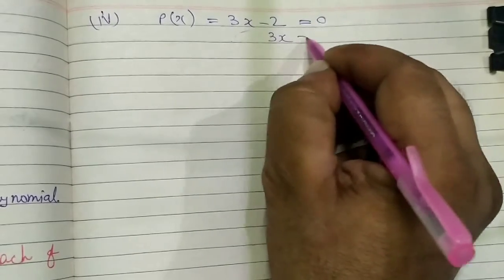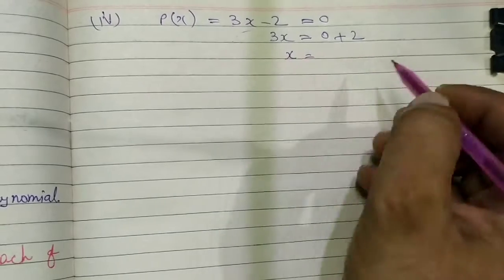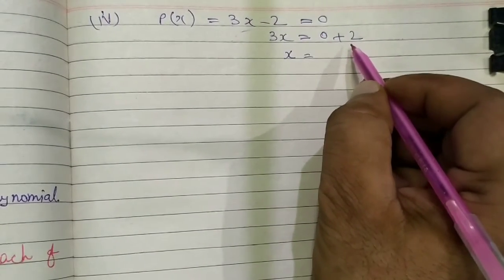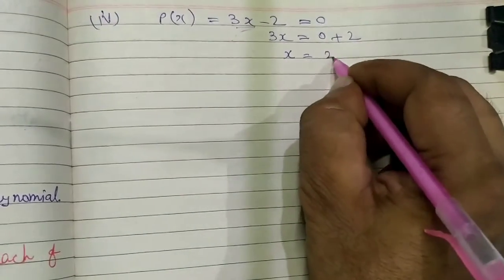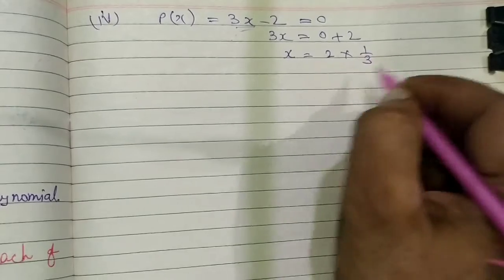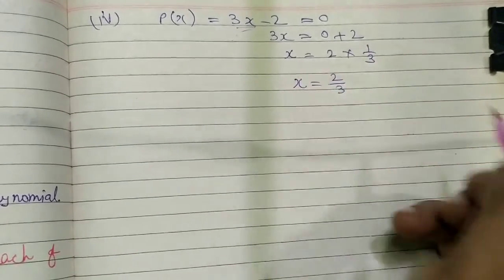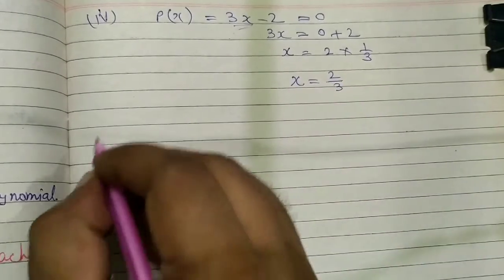So it is 3x is equal to 0 plus 2. Now minus 2 will come here on the right side, and it will become plus 2, and this is 3x, so it is 2 into 1 upon 3 is equal to 2 upon 3 here. So x is equal to 2 upon 3 is the 0 of the polynomial.